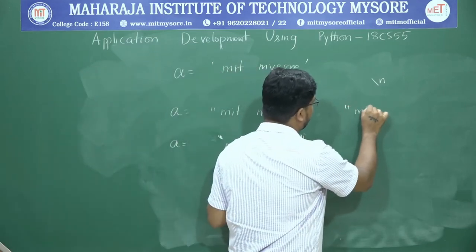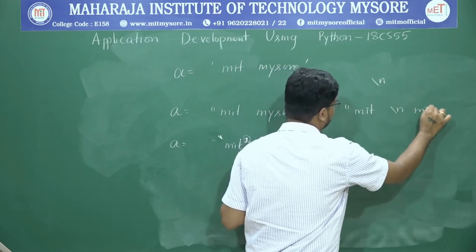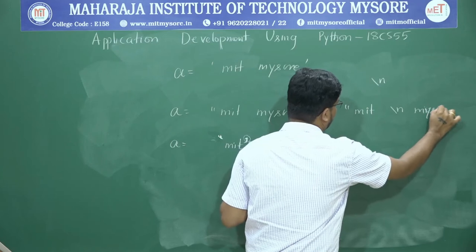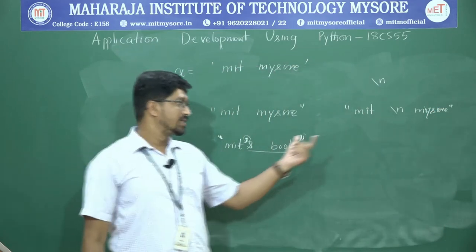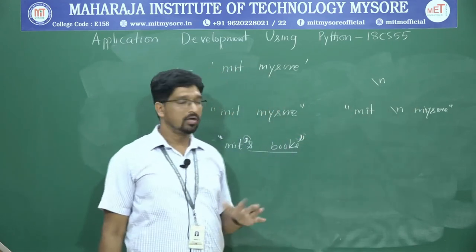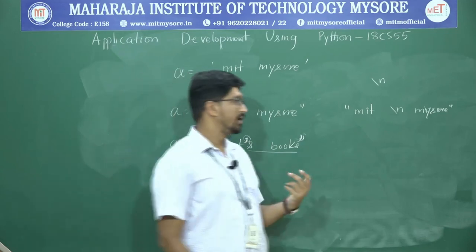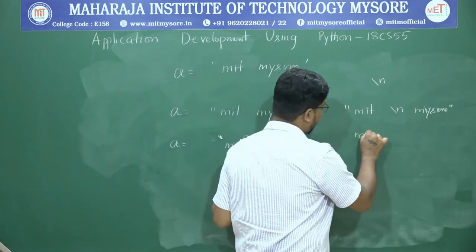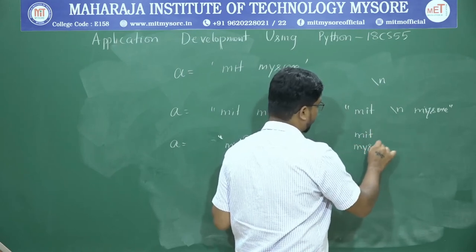Let us say we write MIT\nMysore. If you print this, what will be the output? You don't get MIT\nMysore, because \n stands for a newline character. So you will get MIT, and then in the next line you will get Mysore.